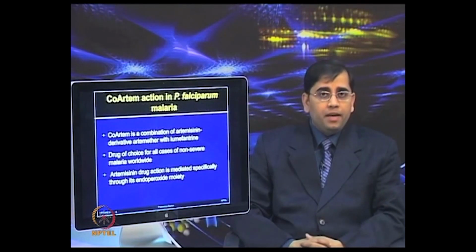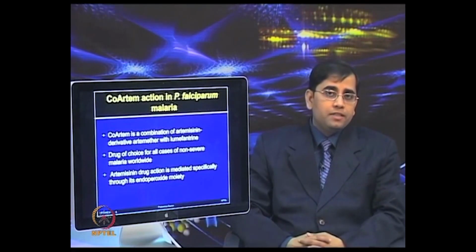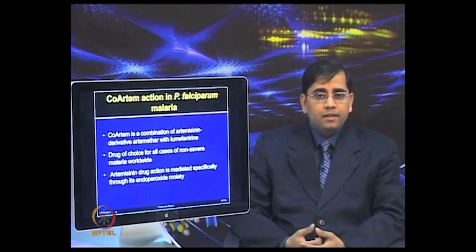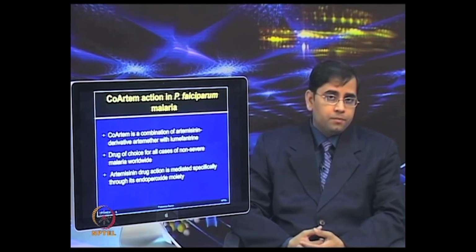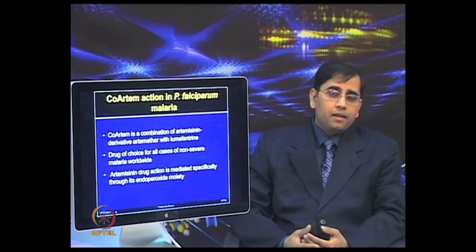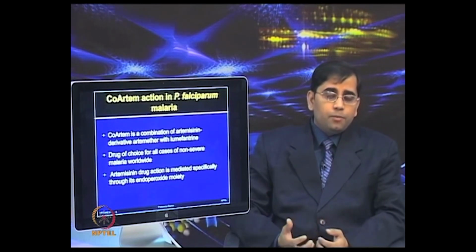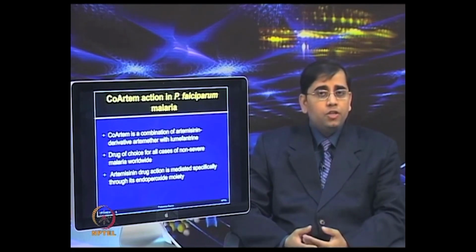How these two drugs behave and how the proteome changes occur due to the action of these two drugs were studied in this paper. So, the authors applied proteomic approaches, two-dimensional electrophoresis, to study the proteomic alteration of each of these drugs.